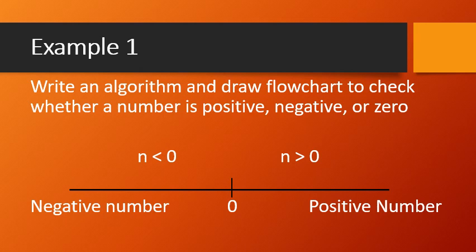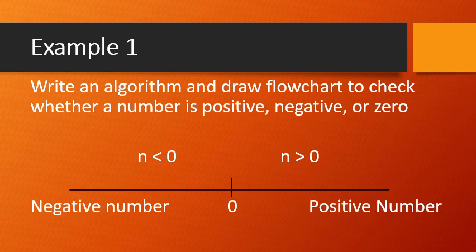There we made an assumption that if the number is greater than 0, then we called it a positive number, else we called it a negative number, right? But that may not be a proper way to identify whether the number is positive or negative, because we have a number by the name 0.